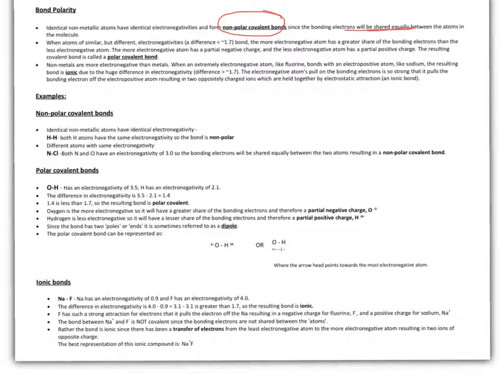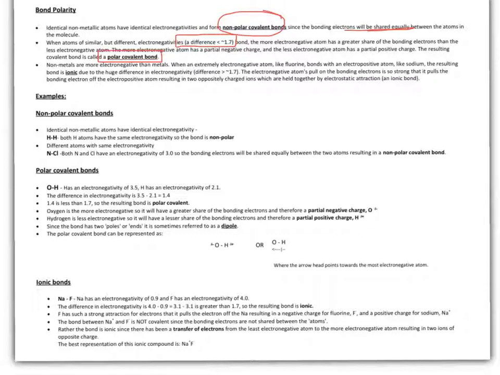When atoms have similar but different electronegativities, usually less than about 1.7 difference, the more electronegative atom has a greater share of the electrons, and therefore has a partial negative charge, and we call that kind of bond a polar covalent bond.